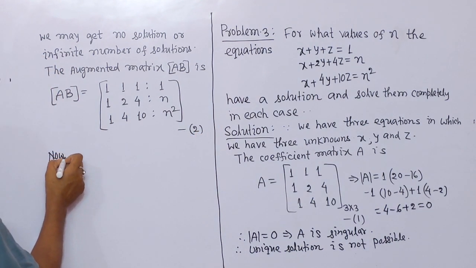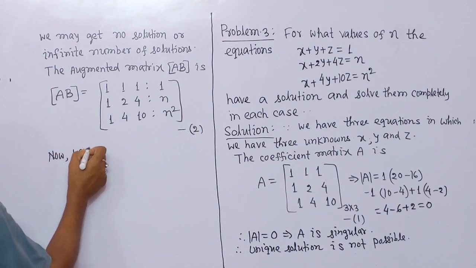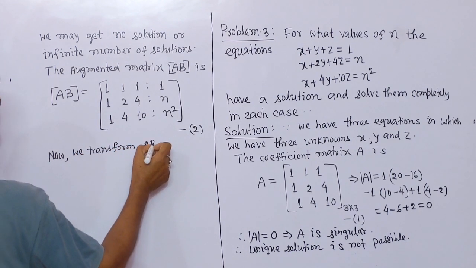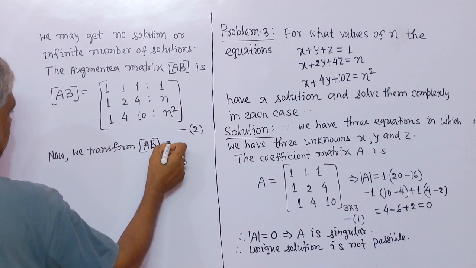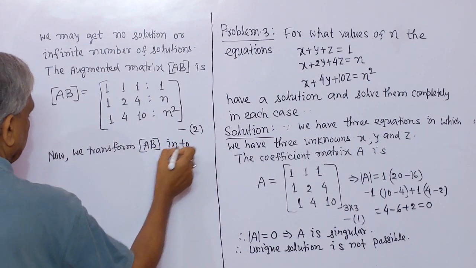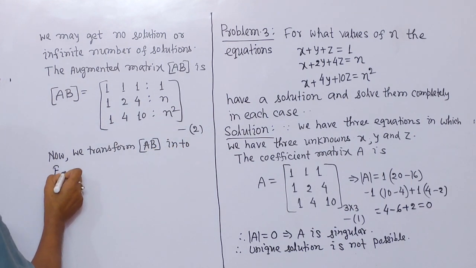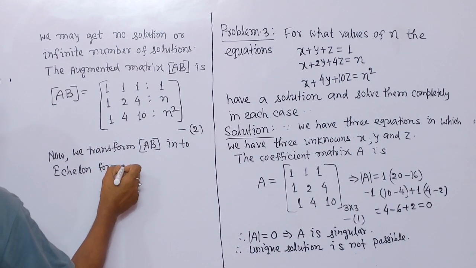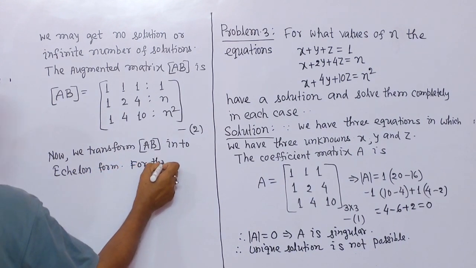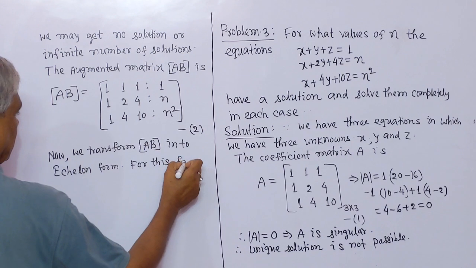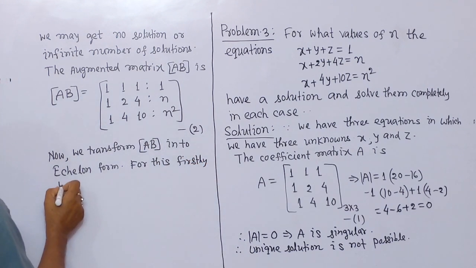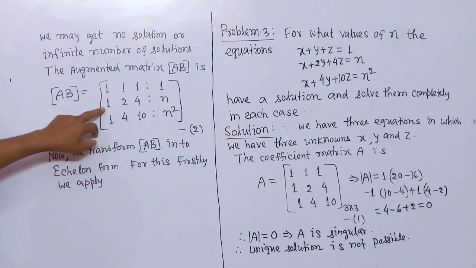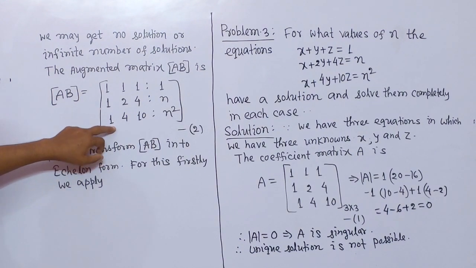Now we transform the augmented matrix into echelon form. For this, firstly we apply: here we have to make 0, here we have to make 0.